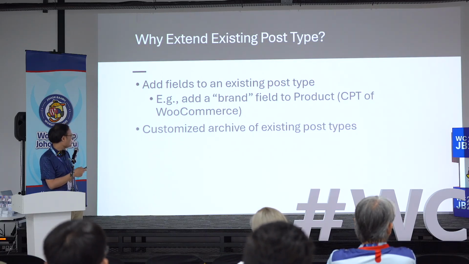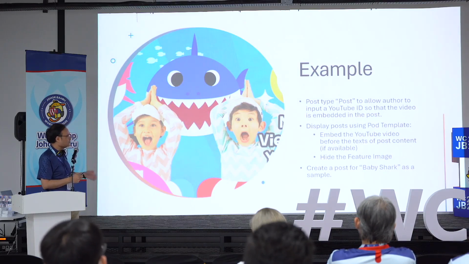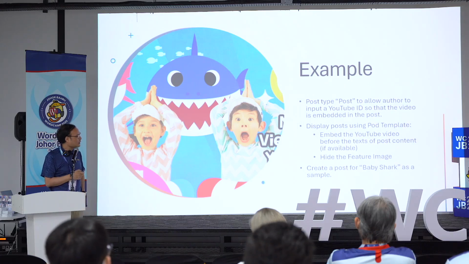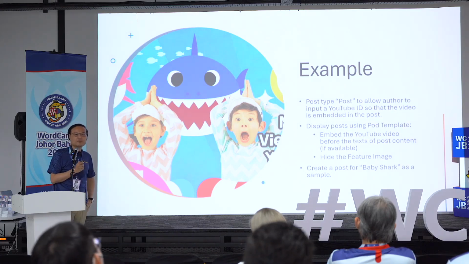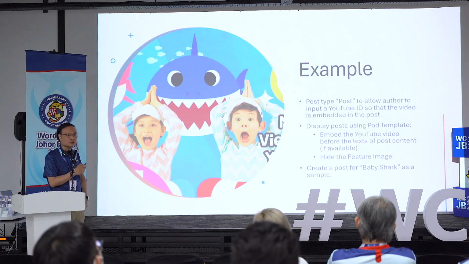And the other one is to create a customized archive of the existing post types. So let's do an example, just to demonstrate how this is done. Suppose we want to allow posts to embed a YouTube video, no matter what it is, just by inputting the YouTube ID into the post in the backend.